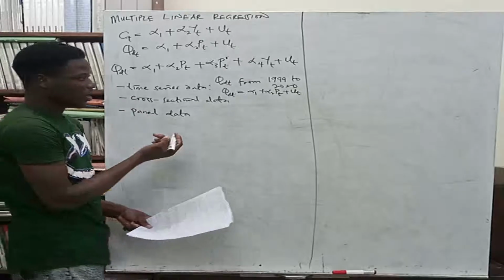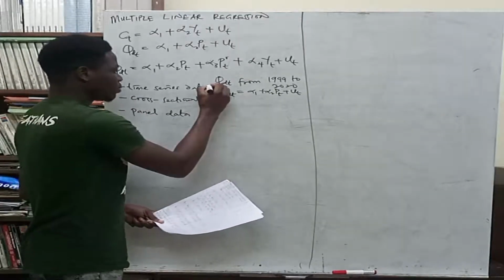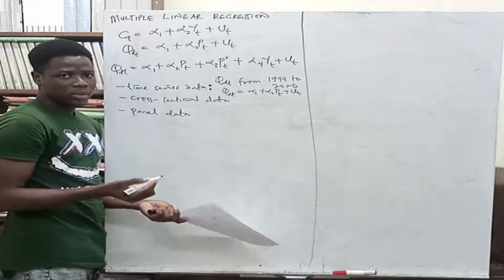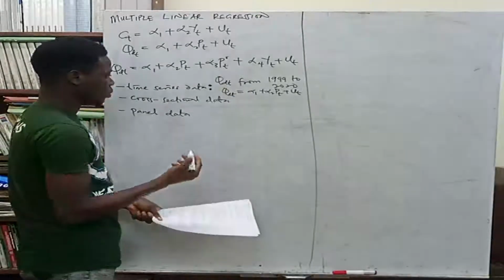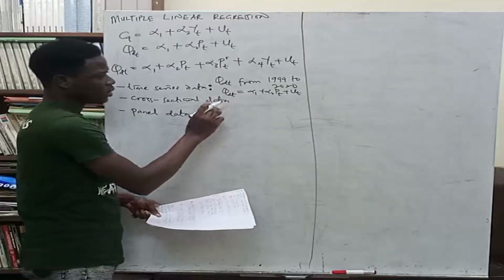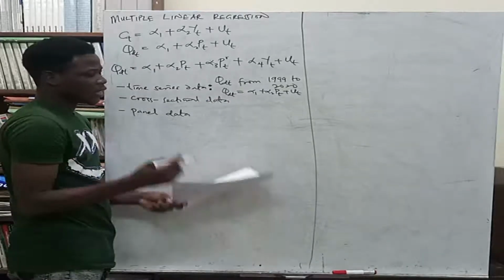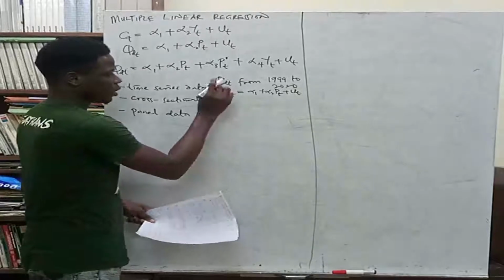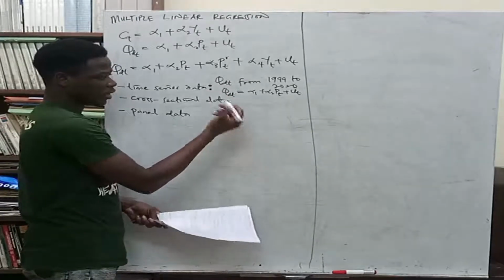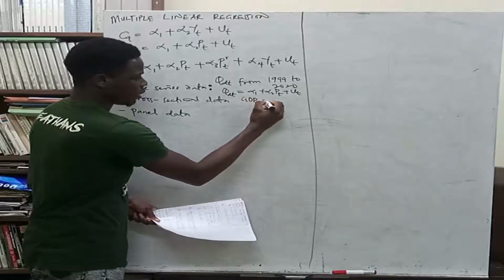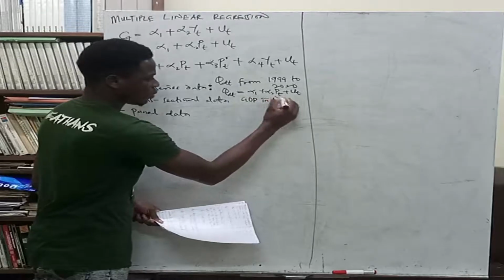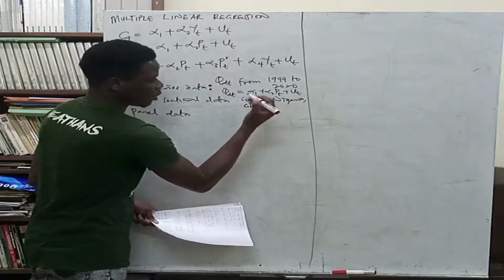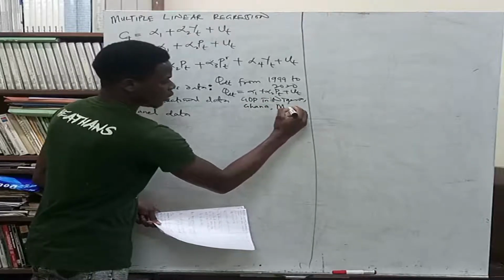Then the cross-sectional data is where you are collecting data on a single variable, or multiple variables, at a point in time on different units. Let's say we're looking at GDP in Nigeria, Ghana, and Mali.